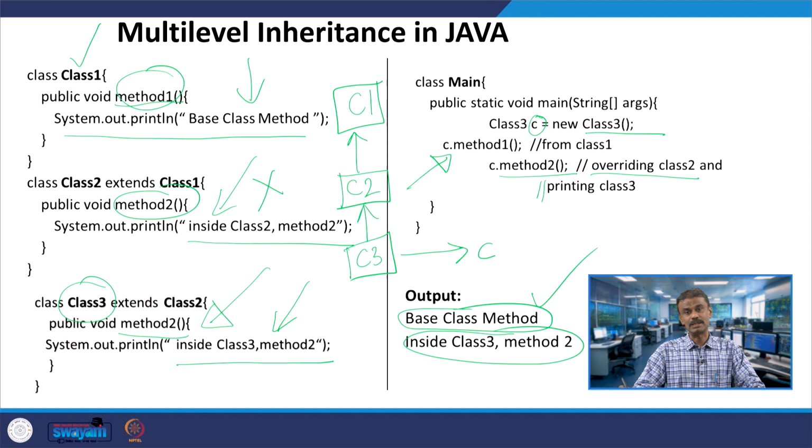So, in such a situation, which function should be called? We have to be careful. The concept is overriding. Here the class 2 method 2 will be overridden and it is invoking method 2 of class 3. This is going to be called method overriding in Java.